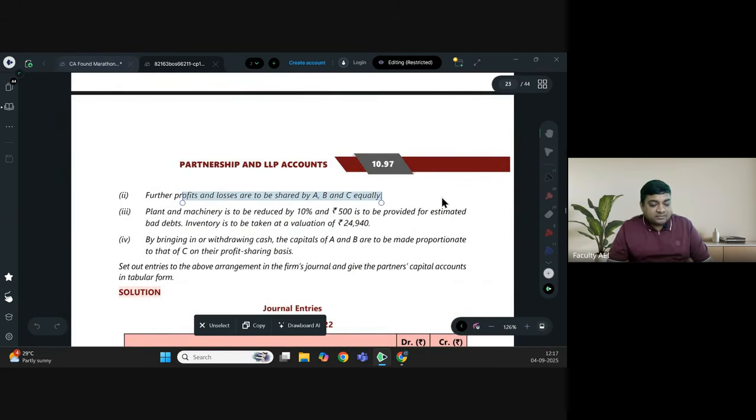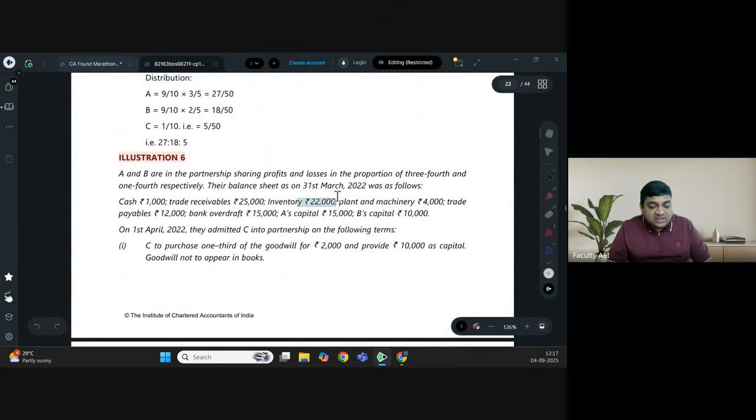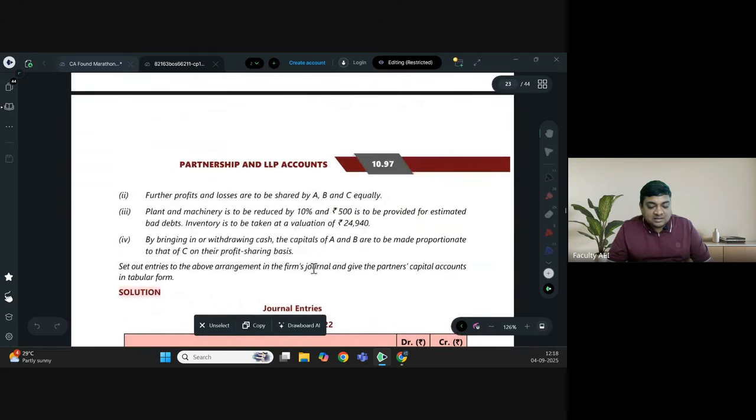Future profit and loss they have given. Reduced by provision for doubtful debt. Inventory's valuation of 24,940. So for inventory, the valuation is increasing, see? The capital of A and B are to be made proportionate to that of C. Whatever is the capital of C, A and B's capital will be in their profit sharing ratio.